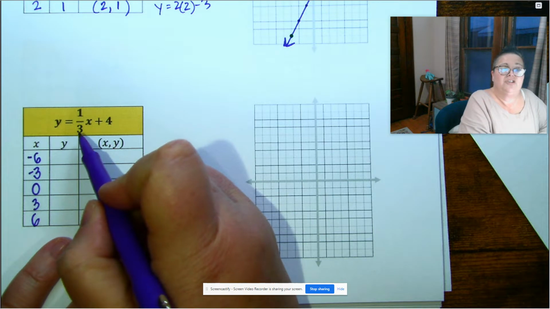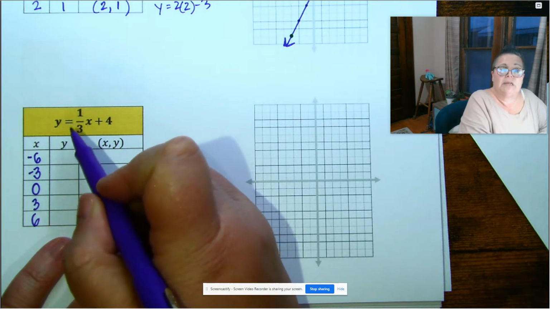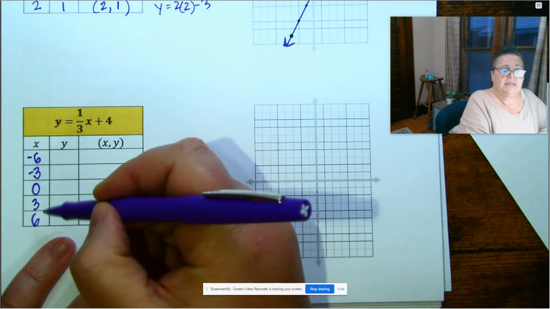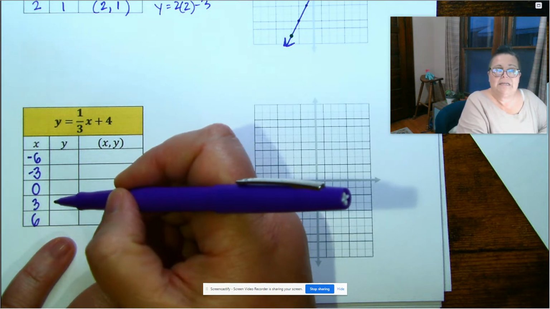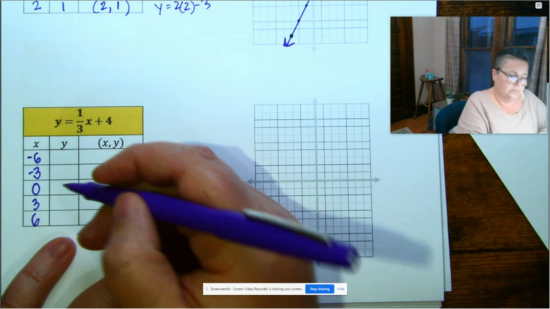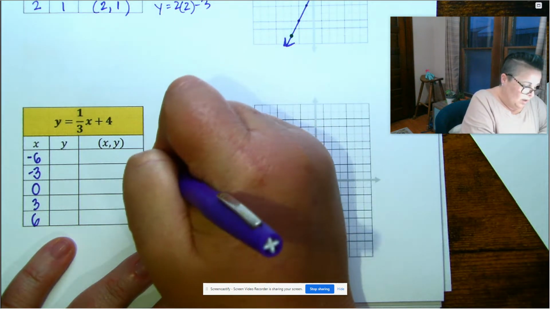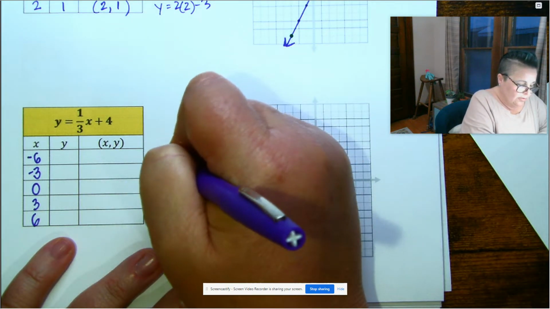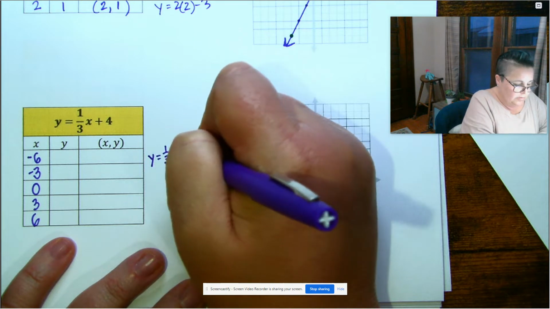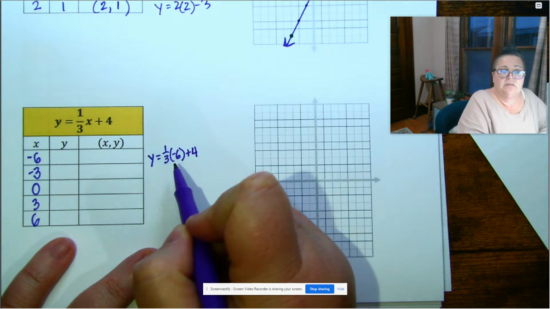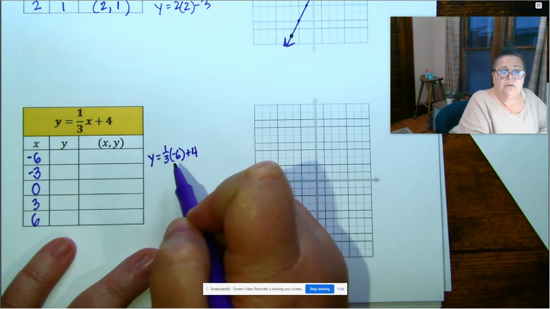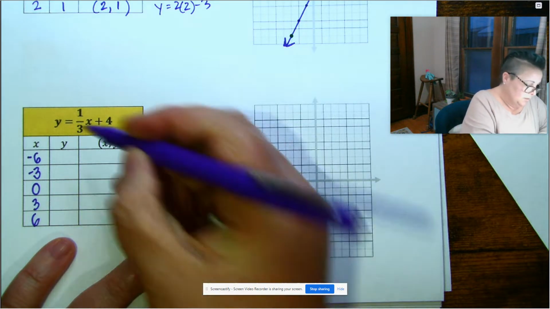I'm going to go ahead and choose multiples of that 3, both positive and negative, and because it's a great number, 0. Then I will have y is equal to 1/3 of a negative 6 plus 4. 1/3 of negative 6 is negative 2. Negative 2 plus 4 is 2.